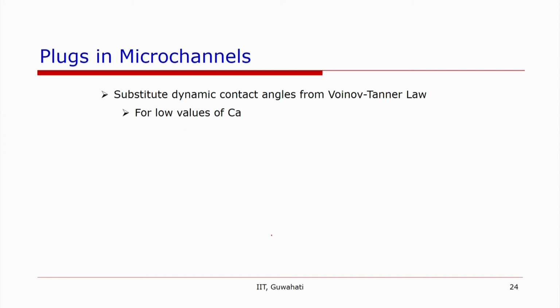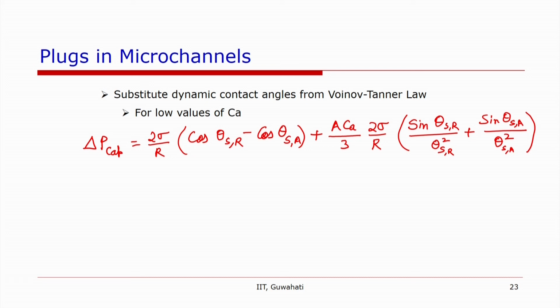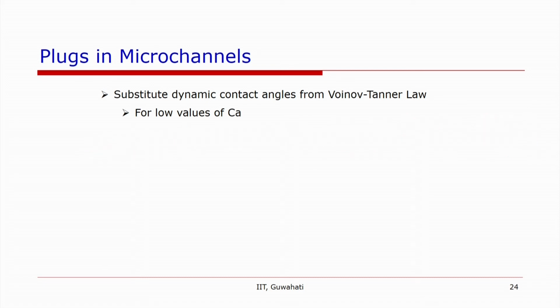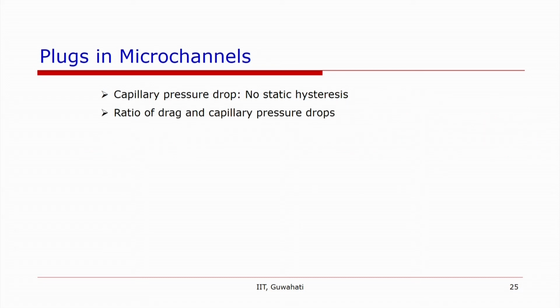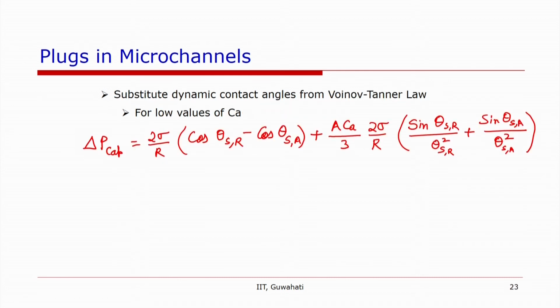And now what we can have is, if there is no static hysteresis, that means theta SA is equal to theta SR. So the first term in this will go away, this term will be 0.